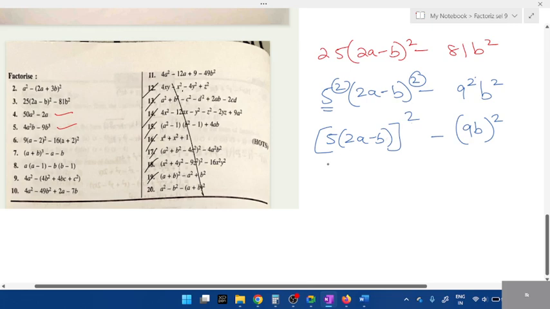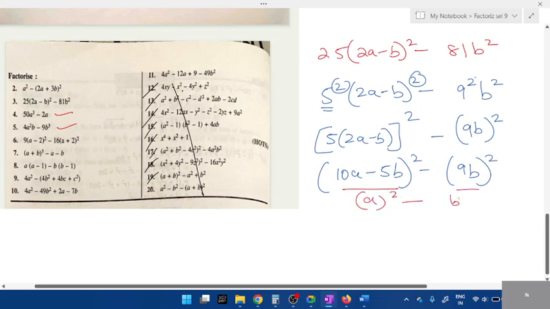Next, now multiply this 5 into 2. First open the bracket. 10a minus 5b the whole square. Doesn't it look like a square minus b square? This entire thing is a. This entire thing is b, students. What is a plus b? See, 10a minus 5b.